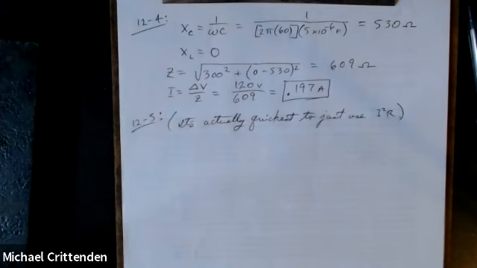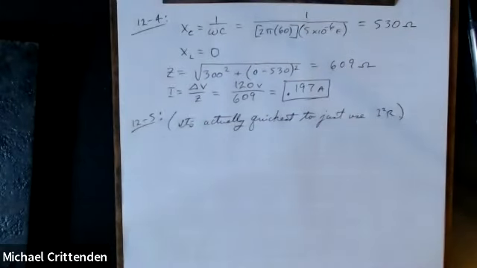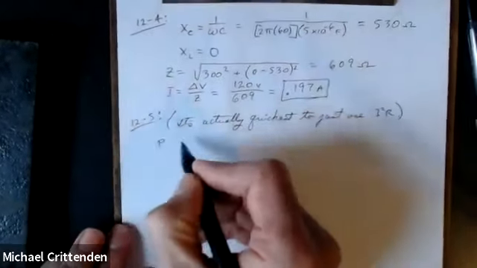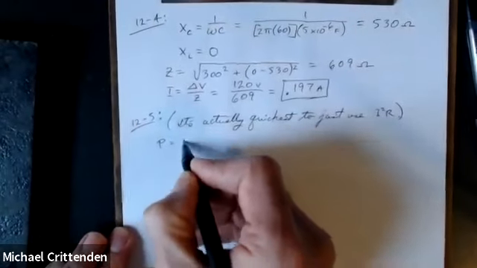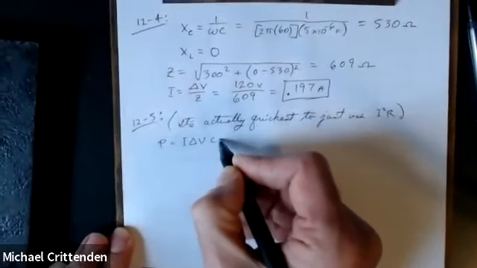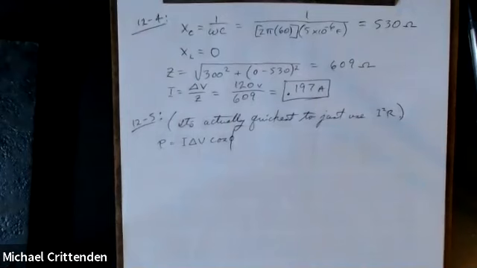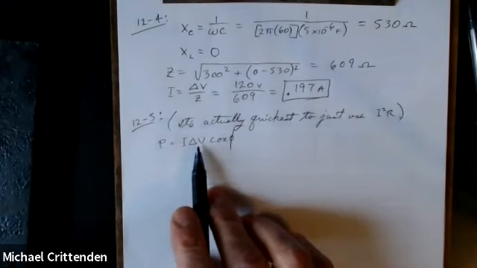But an alternate approach, which would not be quite so unreasonable if you hadn't already done problem number 4, would be to calculate the power from I times the voltage times the cosine of the phase angle. Well, I know the voltage is 120 volts.